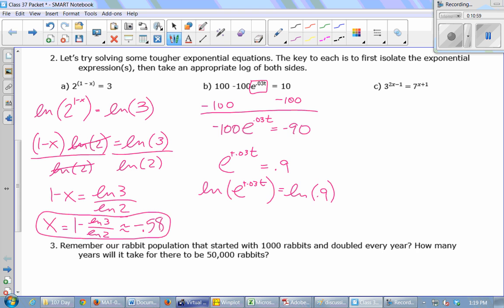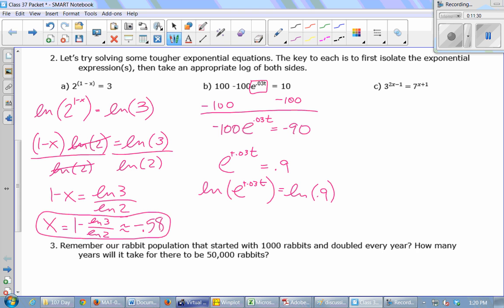All right, what is the ln of e to the 0.03t? 0.03t, yeah. The ln of e to some stuff is always that stuff. It's a plus, because I accidentally wrote a negative, so then I made it a plus. You got it.